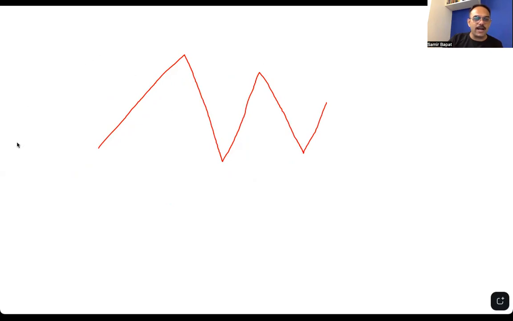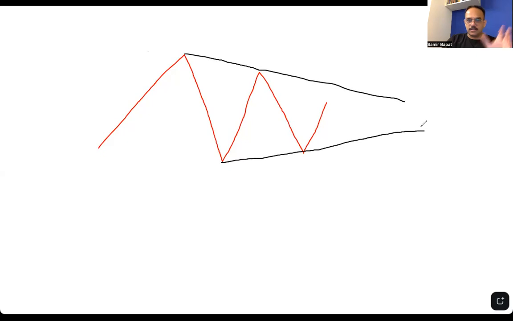If I join two highs and two lows and extend it further, like this, I will make a triangle ahead in the future somewhere. So what I'm trying to do is first see the movement of this ball and then fix an imaginary triangular box on it, assuming the ball is trapped inside the triangle and is bouncing up and down.